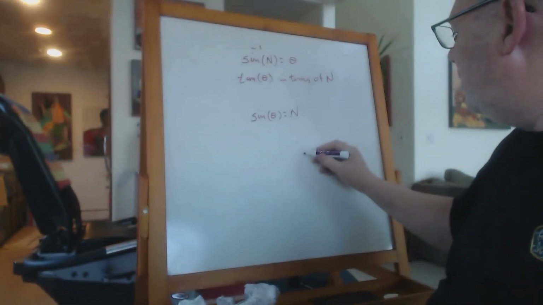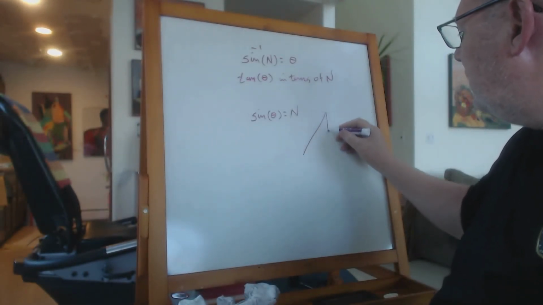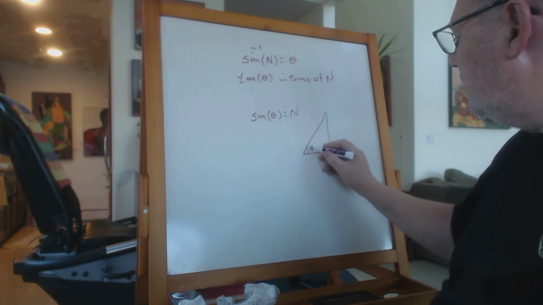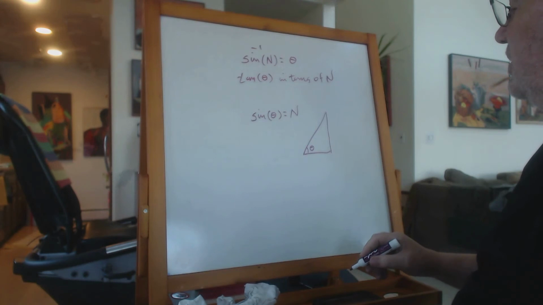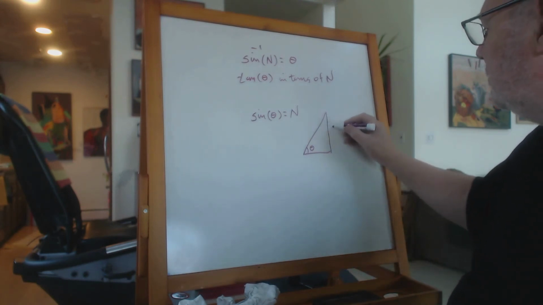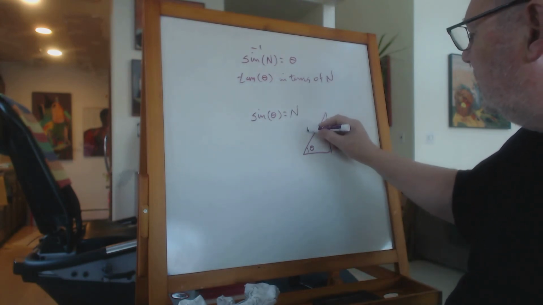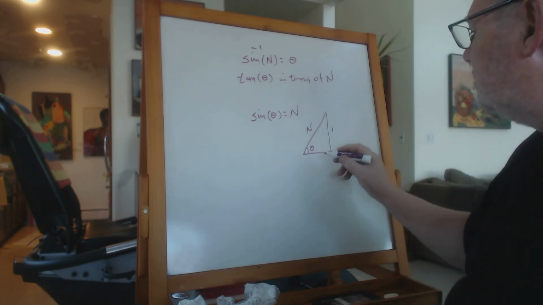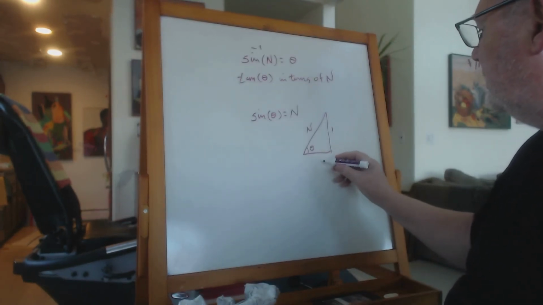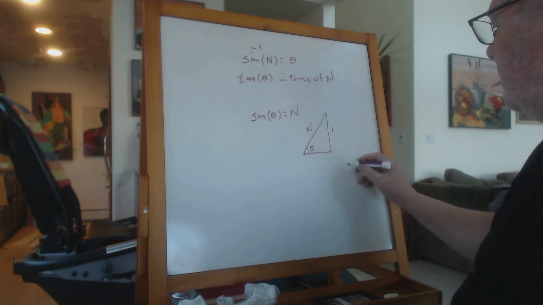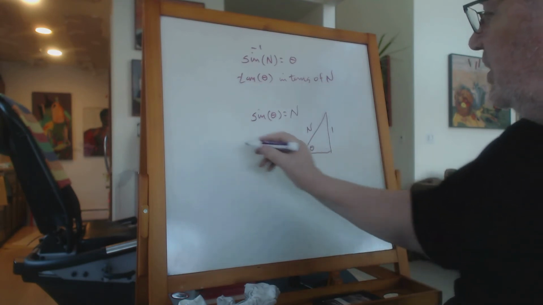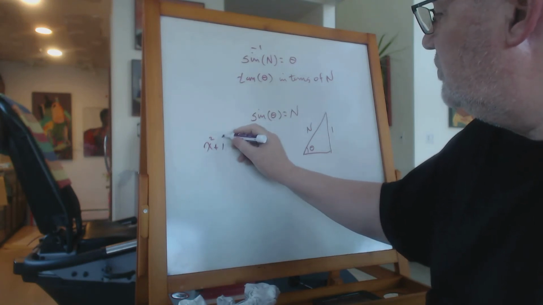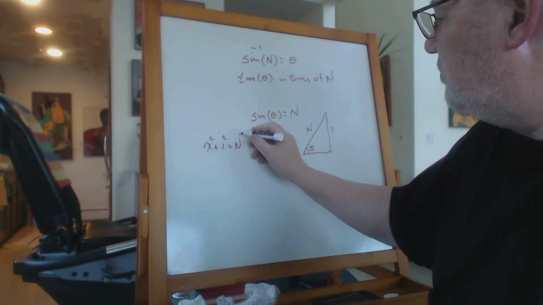So if we draw a right triangle, we have theta. Sine of theta is 1 over n, and x, by the Pythagorean Theorem, we have x squared plus 1 squared equals n squared.